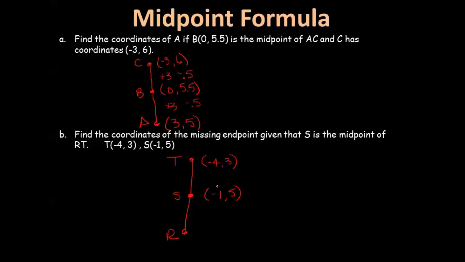Well, from -4 to -1, I would be adding 3, and from 3 to 5, I would be adding 2. So I'm going to do the same down here. -1 plus 3 is going to give me a +2. 5 plus 2 will give me 7. There you are.